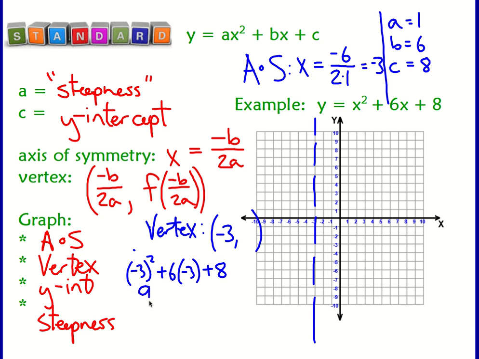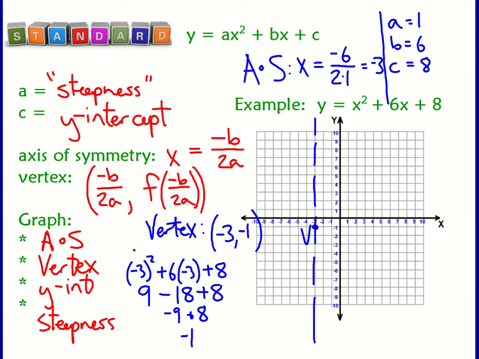So this would be 9 minus 18 plus 8. Make sure to do your addition and subtraction together left to right. So 9 minus 18 is negative 9, and negative 9 plus 8 is negative 1. So my vertex is going to be negative 3, negative 1. I can put the point on there, and it never hurts to label it with a V. You don't have to, but it never hurts.